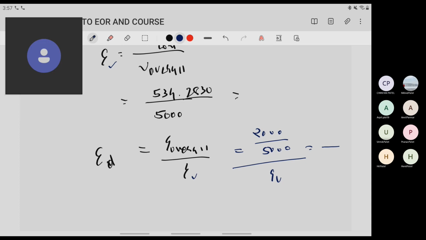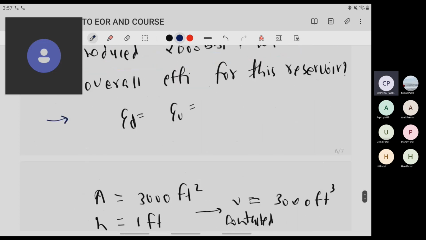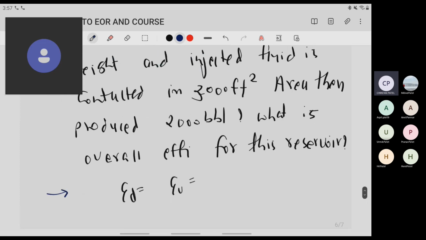Okay, so this kind of question can be asked directly in an examination based on volumes. At that time memorized formulas won't work. Okay, guys, this is the reason intuition is important, because with memorized formulas you cannot calculate.